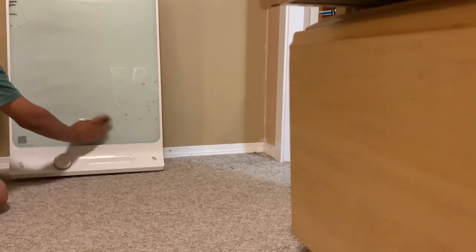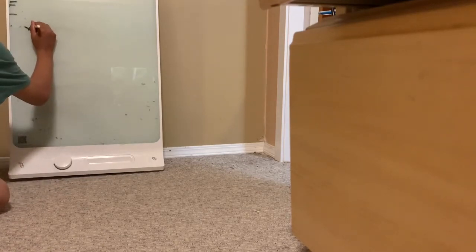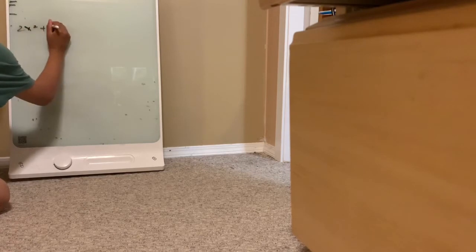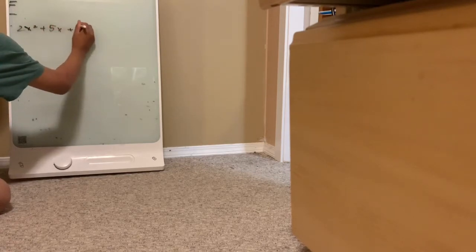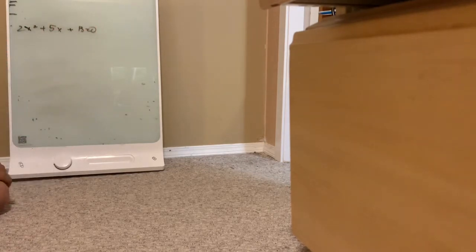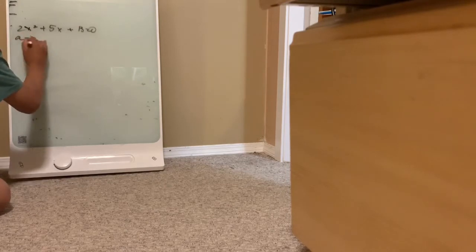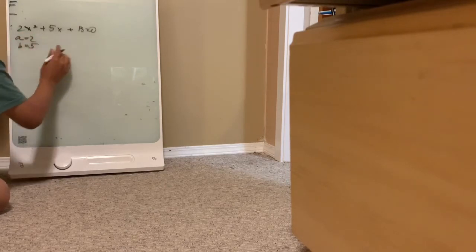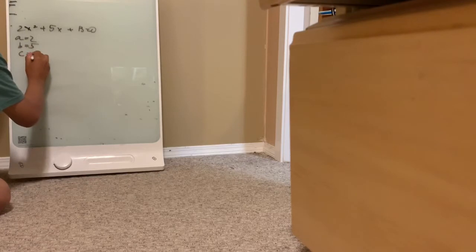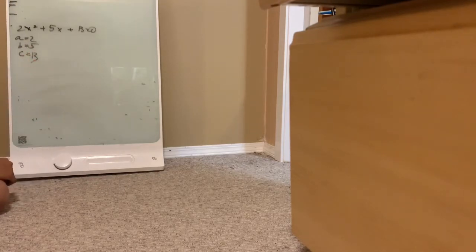So let's make an example about how to solve this. We do 2x squared plus 5x plus 13 is 0. First we write the a, b, and c. What's c? Okay, sorry. C is 13, yes. So to solve this, we need to do this.